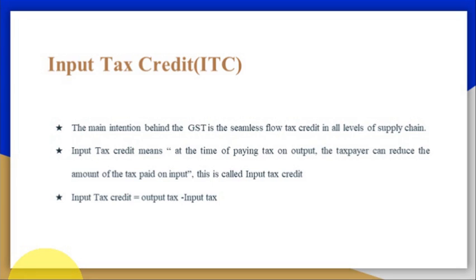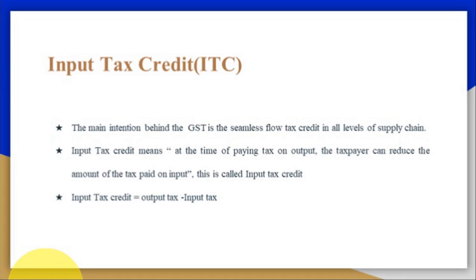Due to this situation, the manufacturer fixed a high cost on different products and supplies. After the introduction of GST, the government's main intention is to reduce the cascading effect and the tax burden among the suppliers and the consumers.